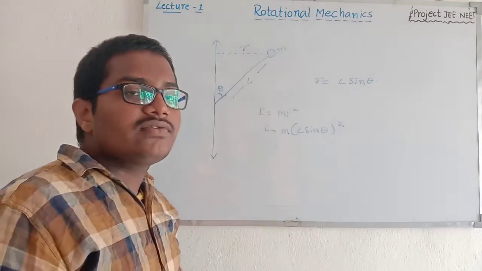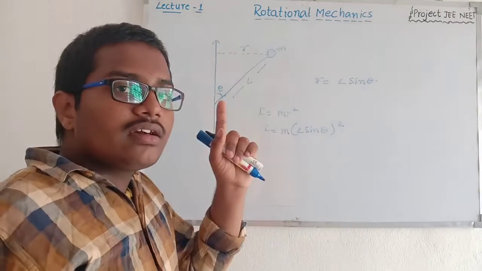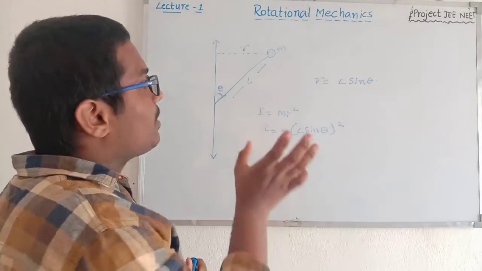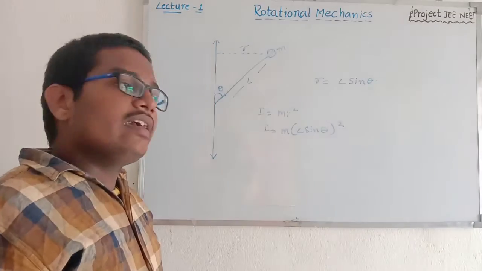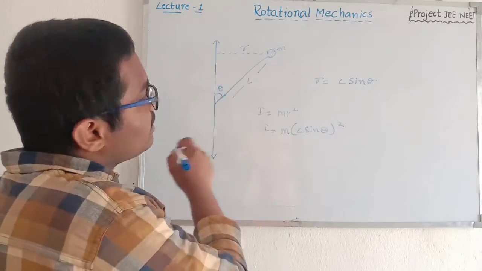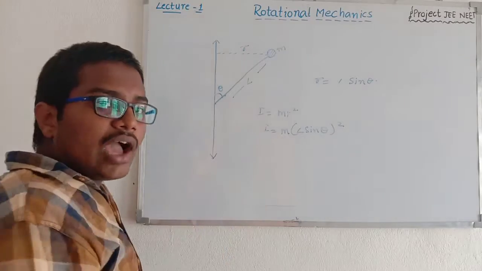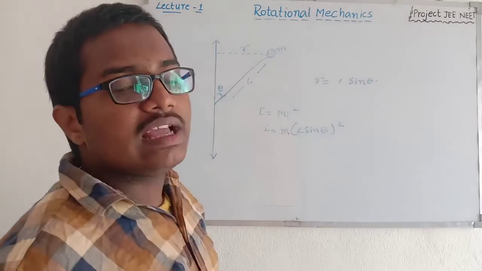Like I discussed in the first case, which is directly perpendicular, there we will not calculate the perpendicular distance separately, because the perpendicular distance is given directly or indirectly. We can calculate without the basic trigonometric concept, but here we have to use the trigonometric concept, which is R is equal to L sin theta.